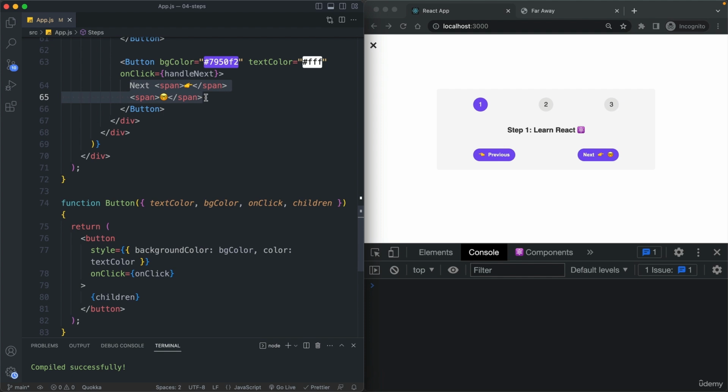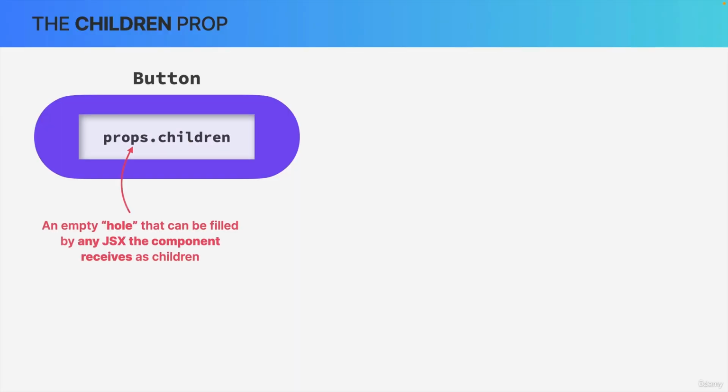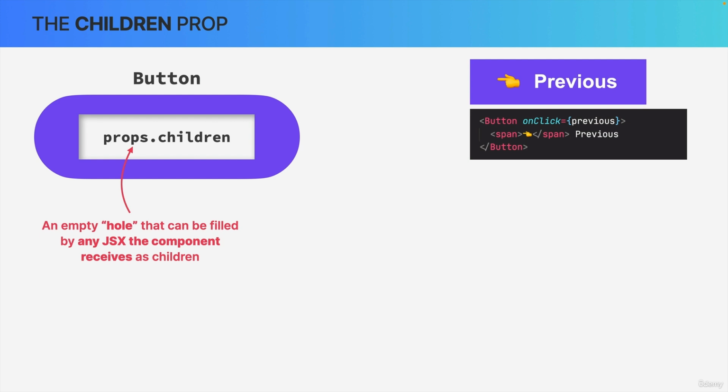And now, just to finish, let's quickly recap what we just did. By using the children prop in the button component, we basically left an empty hole in the component that we could then fill with any JSX markup that the component receives as children. But then the question is, how do we pass in these children? Well, when we include the button component in some JSX, instead of immediately closing the element, we can write more JSX into that element, just like we can write any HTML markup inside other HTML elements.